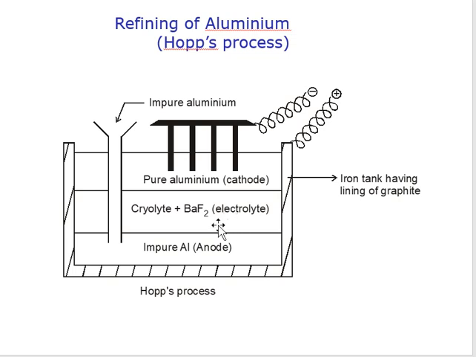So in this cell, on passing current, aluminum ions from the electrolyte are discharged at the cathode and pure aluminum collects at the topmost layer. Here aluminum is collected.